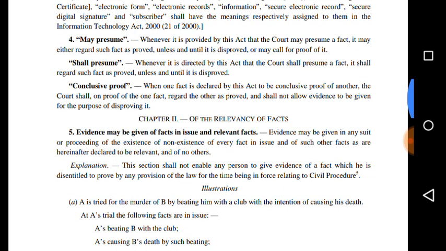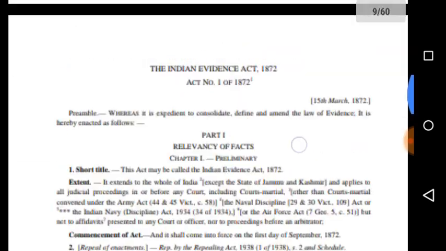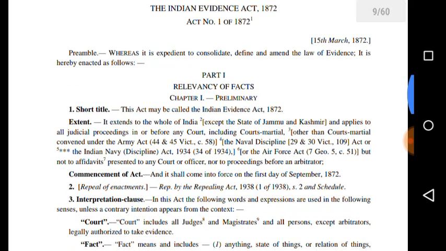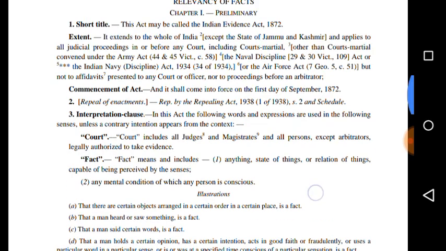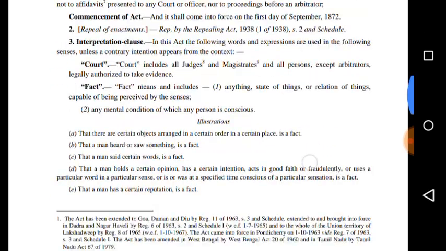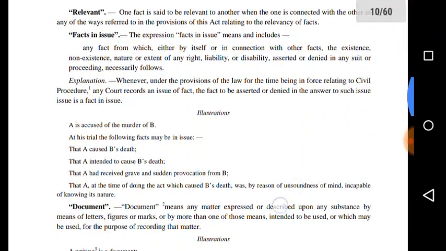Do not mix those. And it is Chapter 1, Part 1 of the Indian Evidence Act 1872, which was enacted on 15 March 1872, and the commencement of this Act is 1st September 1872.